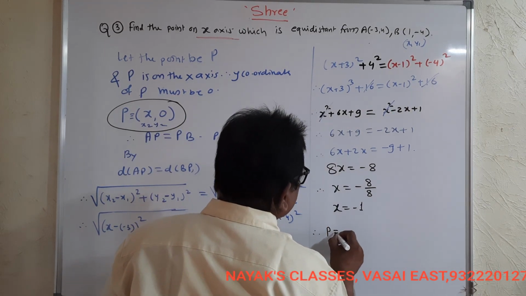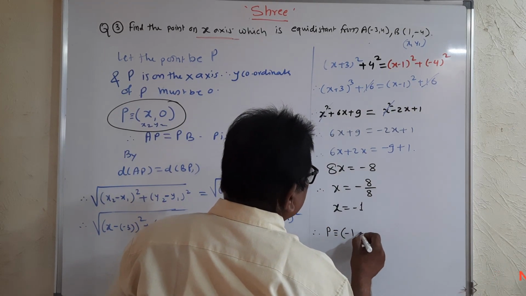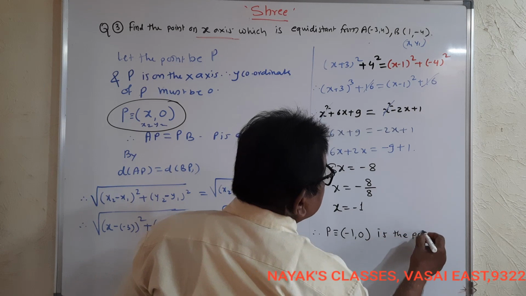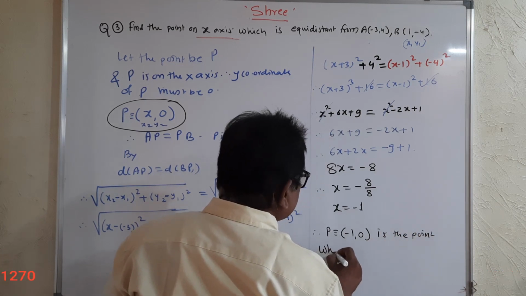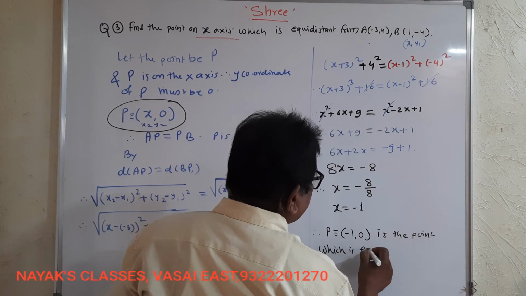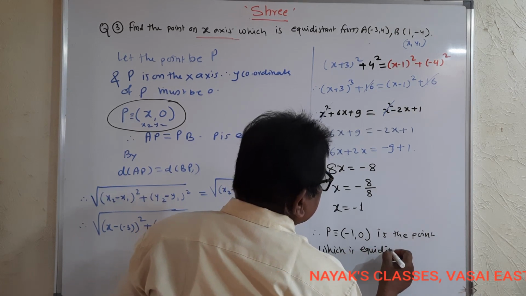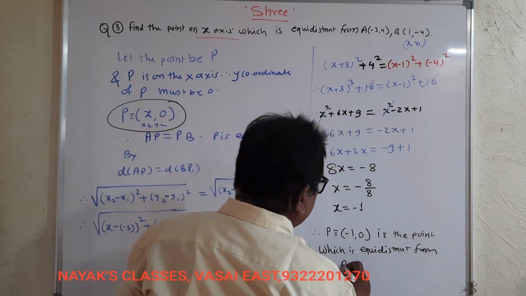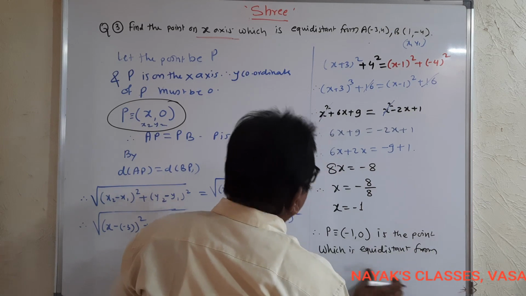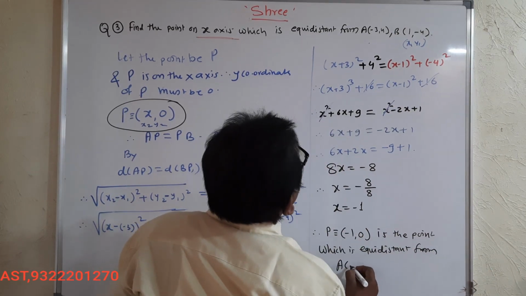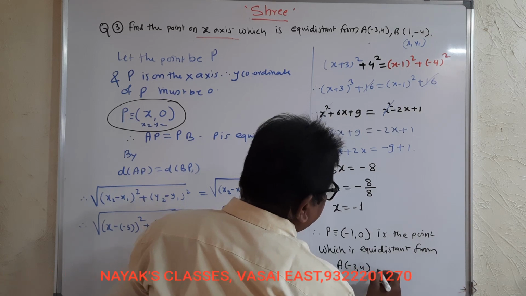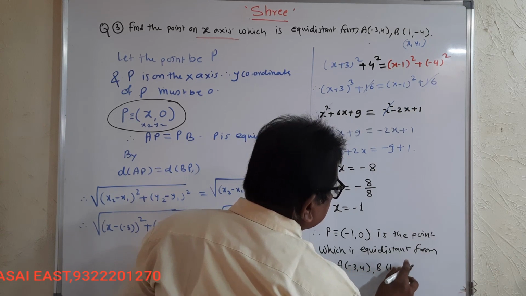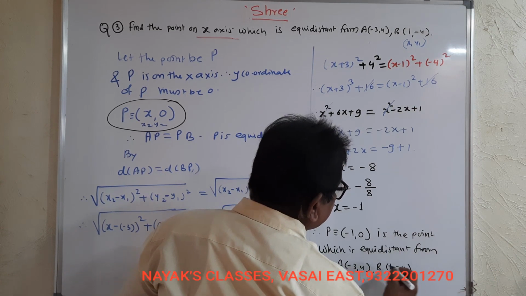Therefore, P corresponds to (-1, 0), which is the point equidistant from A and B, where the coordinates are A (-3, 4) and B (1, -4).